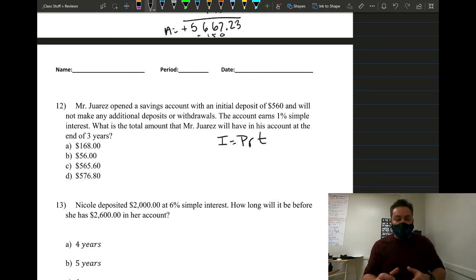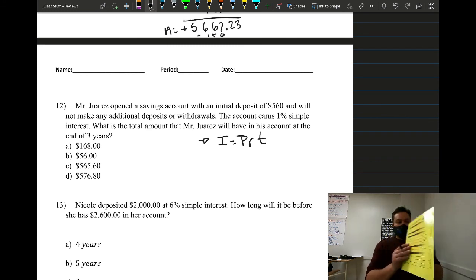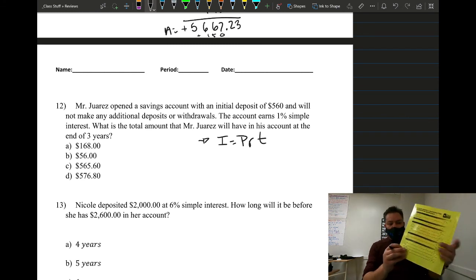That's the percent where you're going to convert that into a decimal. And the T stands for time in years. Okay? Time in years. If they give you months, if they give you 3 months, you're going to have to do 3 over 12. Okay? In this case, we're going to substitute the values in as we know. This formula is going to be given to you on your formula sheet. Okay? It's going to be right here at the bottom.